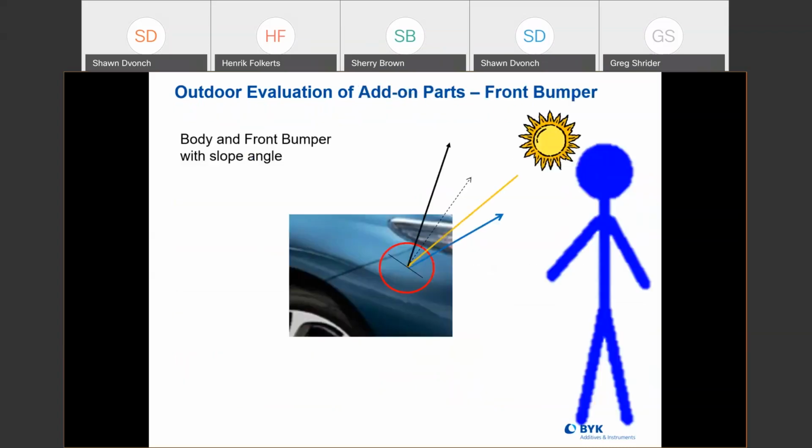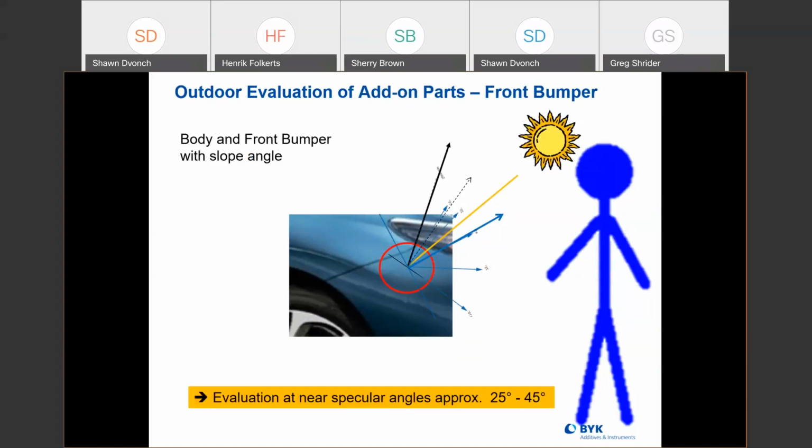So when Sean shows you all the data that he's going to show you, what we found is really important is that people need to understand the actual angle they're looking at. In this case, when we're looking at this fascia, we're looking at the 25 or the 45 angle.